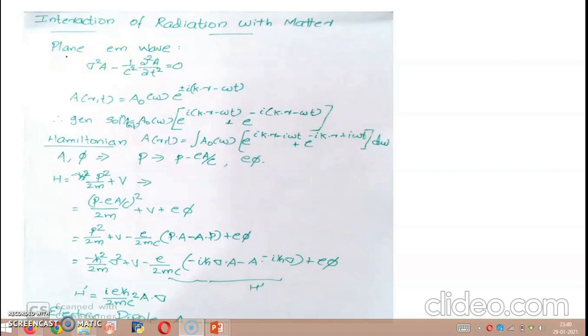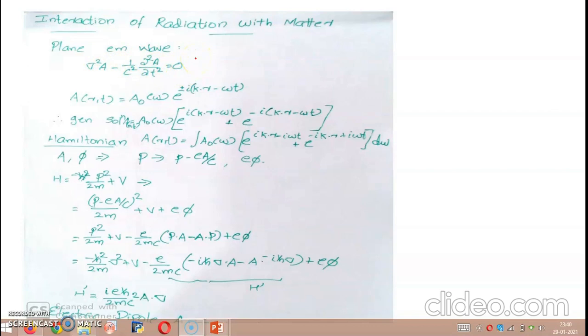We know that a plane electromagnetic wave can be represented in terms of the wave equation satisfied by the vector potential A as del square A minus 1 by c square dou square A by dou t square is equal to 0.